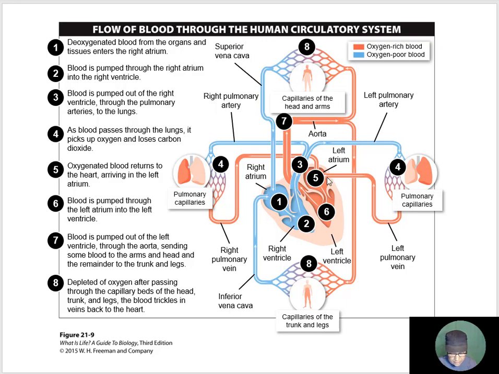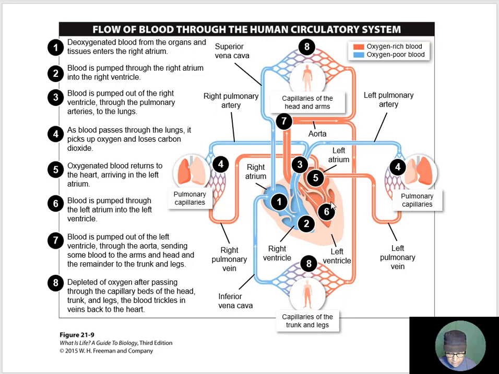Remember, veins return to the heart. So the left pulmonary vein has picked up oxygen, and also returning on the right from the lungs through the right pulmonary vein, and it's going into the left atrium, because the left atrium is where oxygenated blood returns to, right? So oxygenated blood returns from the lungs through the pulmonary veins to the left atrium.